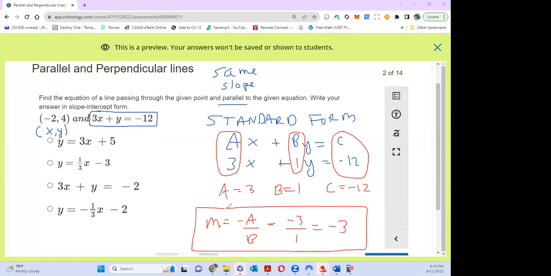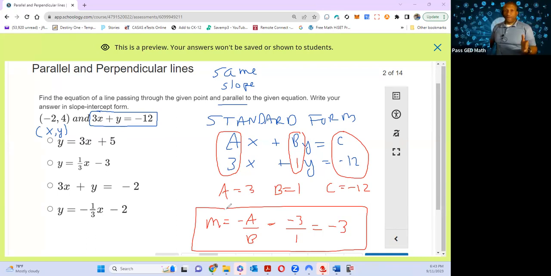Okay. So that means we are looking for an equation that has the same slope. I'm going to call these A, B, C, D. What is the slope of A?